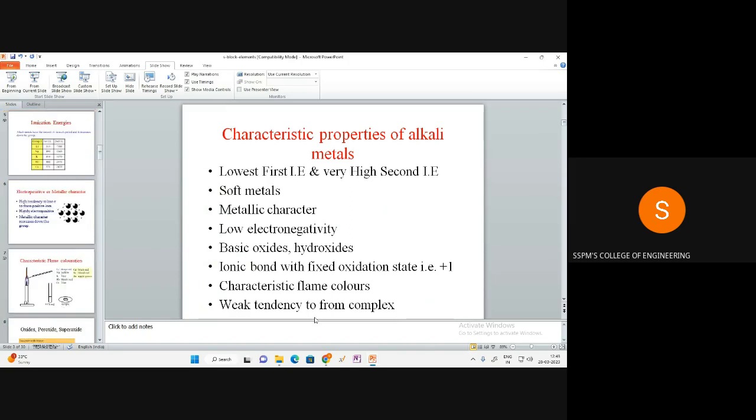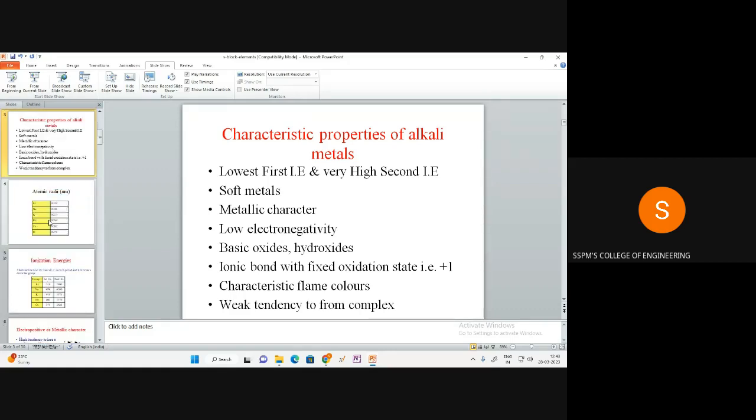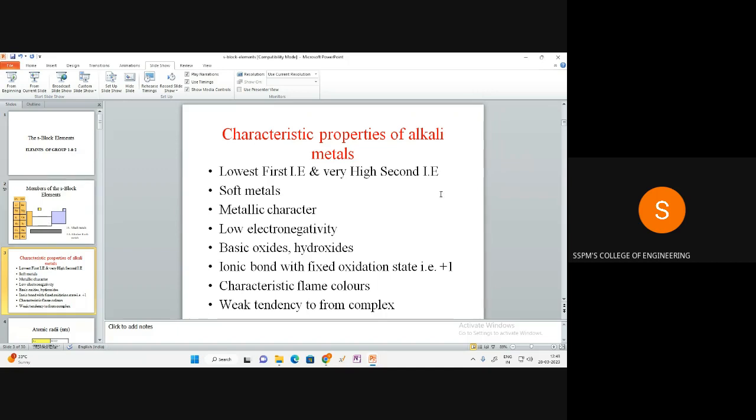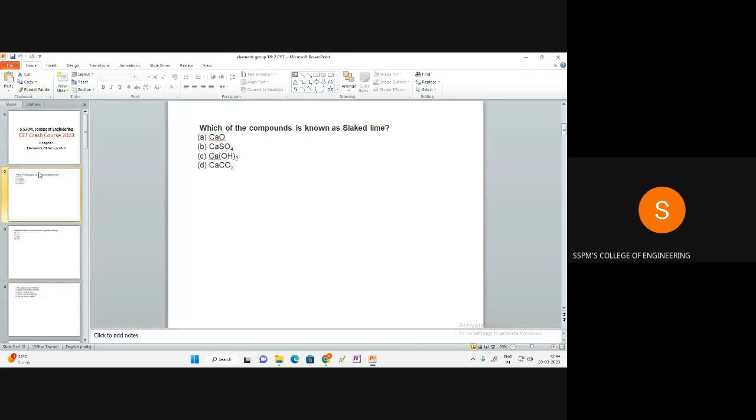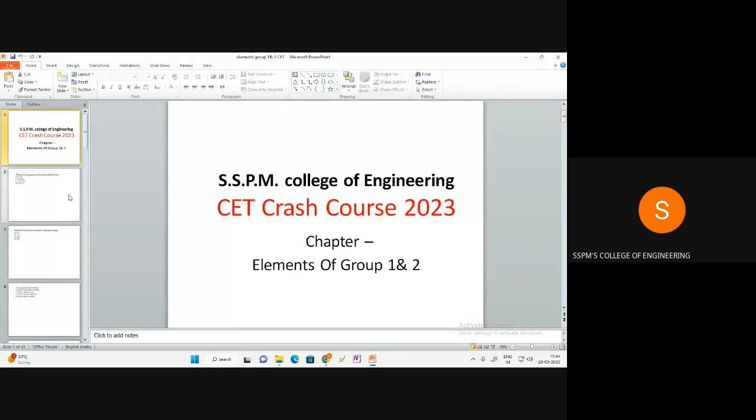When you solve CET questions, you know which are the important properties: ionization energy, atomic size, electronegativity and characteristic flame color. So flame color is very important. Let us solve some CET questions asked in previous exams.